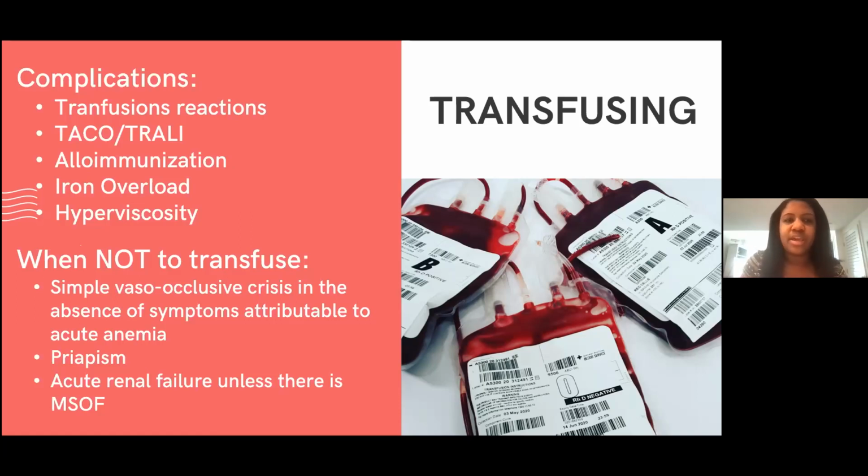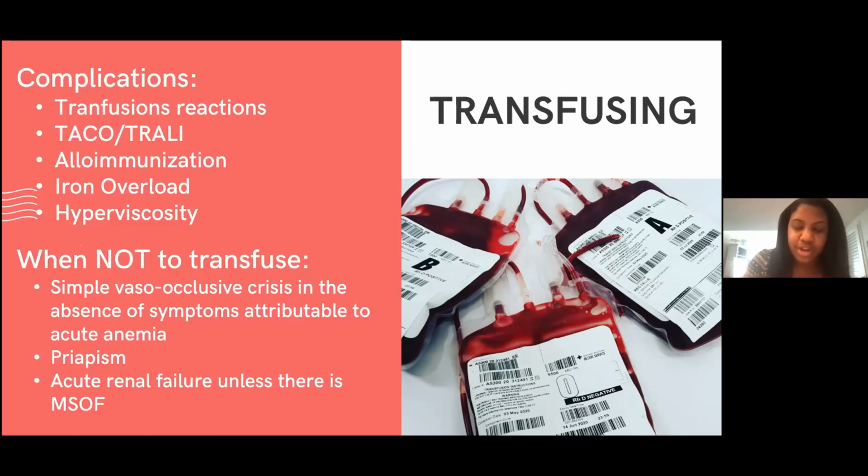One thing specific to sickle cell disease that we can see is hyperviscosity. Hemoglobin SS blood has a 10 times higher viscosity than non-sickle cell blood does at the same hemoglobin level. And so if you transfuse patients who have a low to normal hemoglobin level, this can increase the already hyperviscous state and create even slower blood flow through vessels.